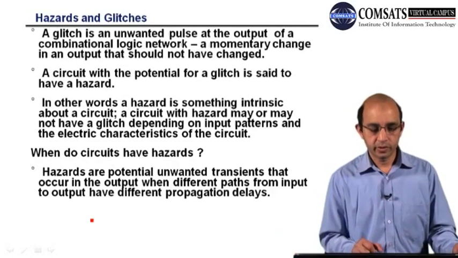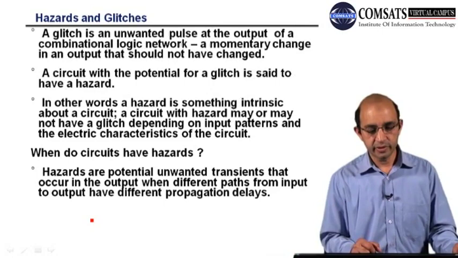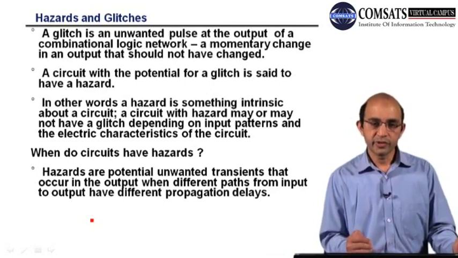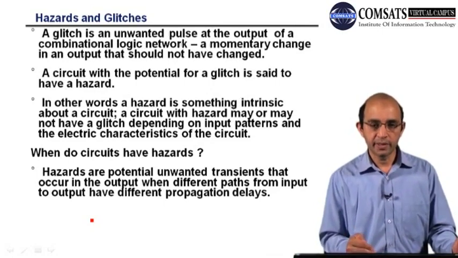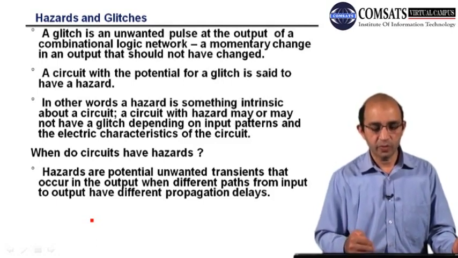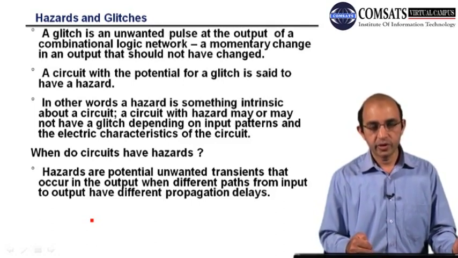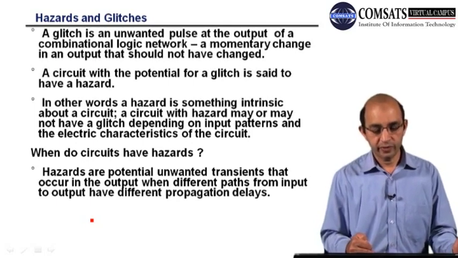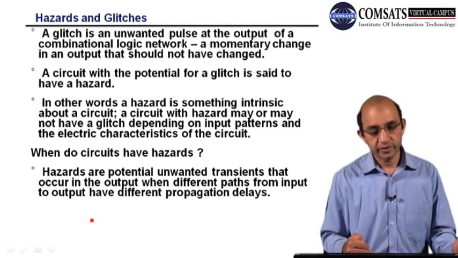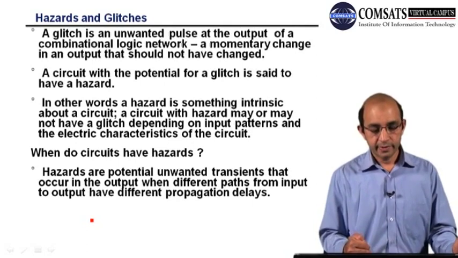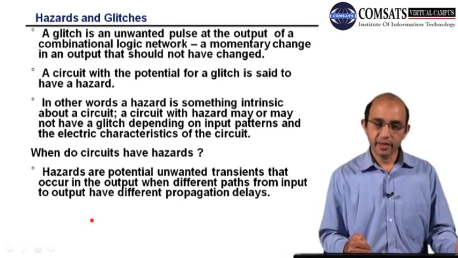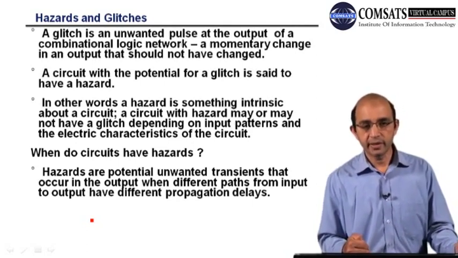So let's talk about what hazards and glitches are. A glitch is an unwanted pulse or signal at the output of a digital, combinational circuit. You can say it is a momentary change in an output that should not have changed. So this is a sort of unwanted signal.